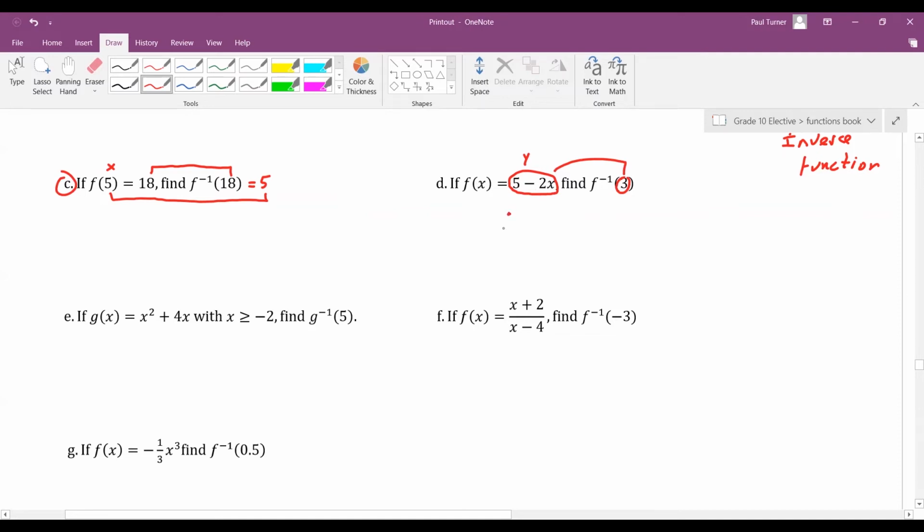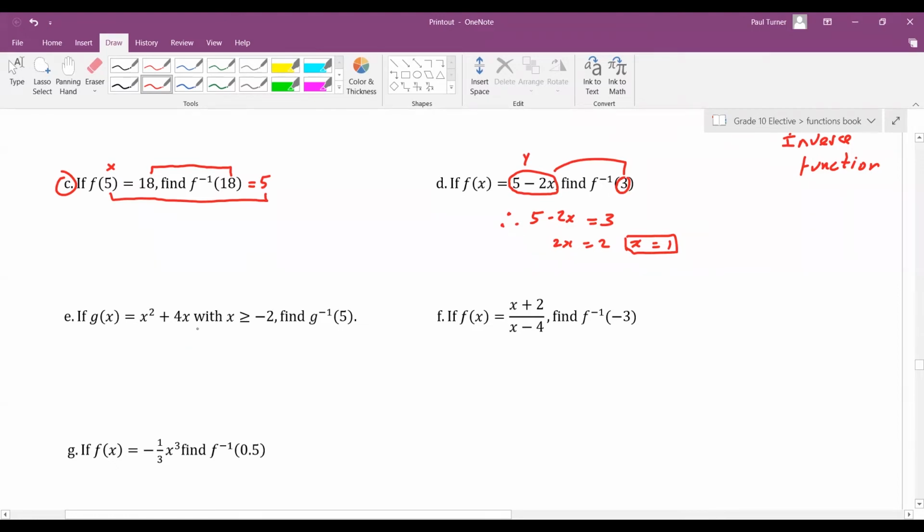So therefore 5 minus 2x will equal 3. So 2x equals 2, x equals 1. X must be 1 in this case. So that's what it's asking you to do there. So x would be 1.